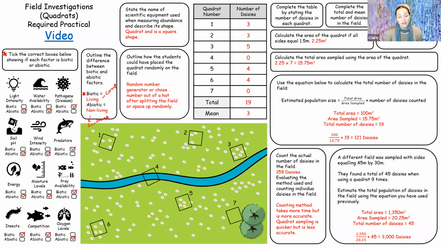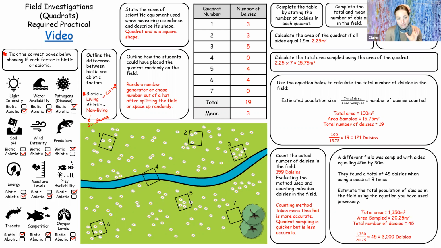But we had to put traps down, and we had to think about where we put those and make sure they were random. Then you get an appreciation of what is actually within that area without having to go and count every single specimen that you are interested in.